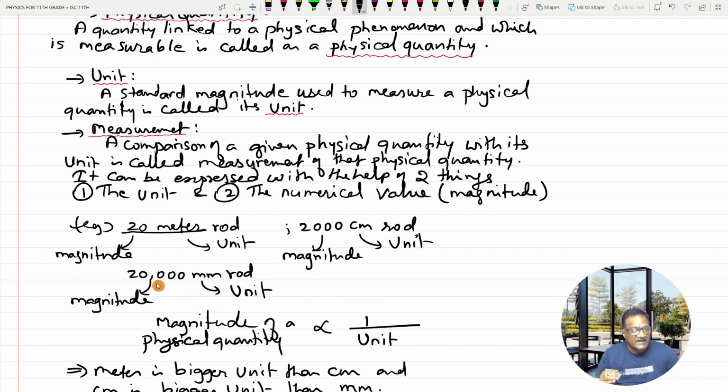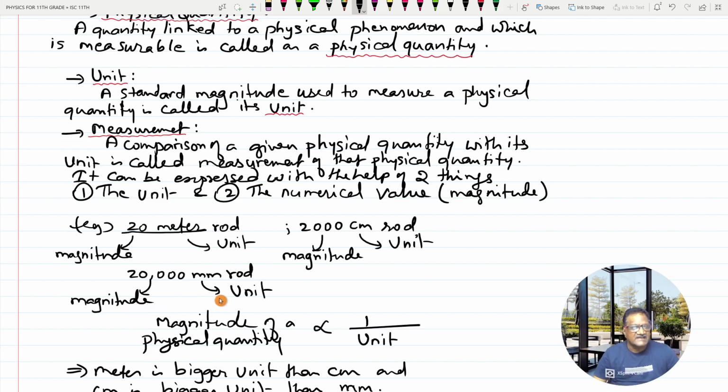So 20,000 is the magnitude, and millimeter is the unit; they both combine to tell you the measurement of the rod. Now again you can see that the unit has been changed from centimeter to millimeter, and the magnitude has also increased from 2000 to 20,000.